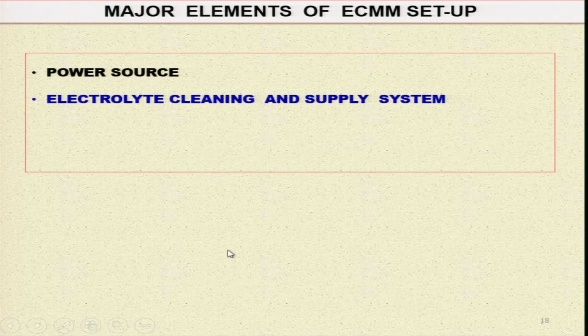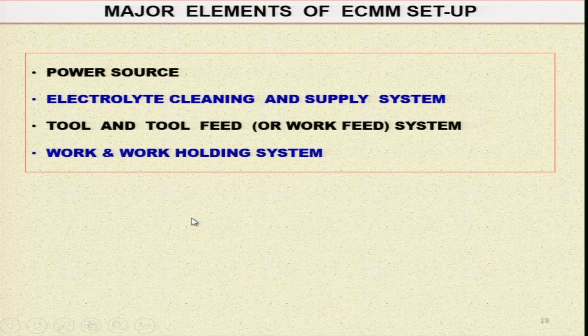Major elements of the electrochemical micromachining setup: you have the power source, the electrolyte cleaning and supply system, the tool and tool feed system, or you can have the feed to the workpiece also in place of feed to the tool, and then you have the work and work holding system.